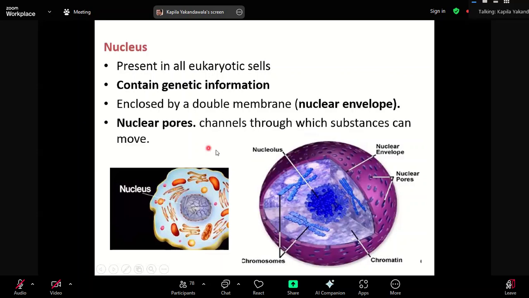Then comes the nucleus, the main organelle. It is covered with a membrane in eukaryotic plants. Inside it includes genetic material. So characters can be transferred from one plant to another through this genetic material.